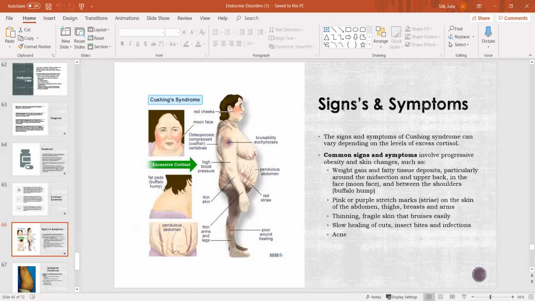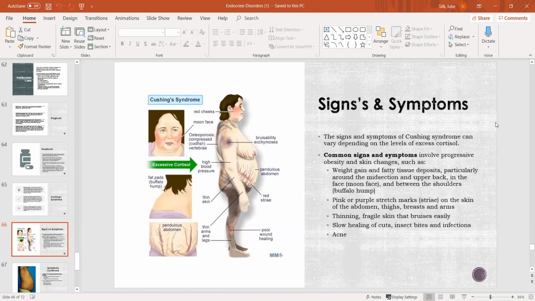So actually, I'll just show you these. I won't pull up that other picture. With common signs and symptoms, this is going to be your person who may have really skinny arms and legs, really tiny, but then they're big around the middle, so they have an apple or pear shape to them.